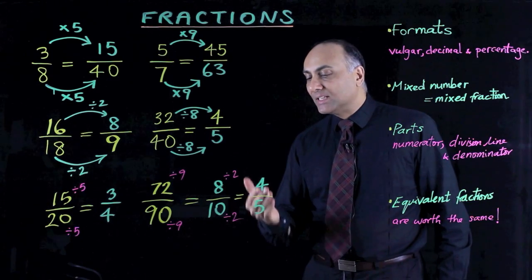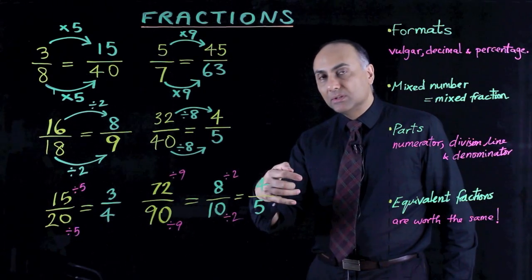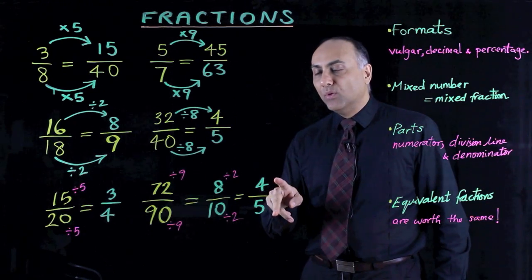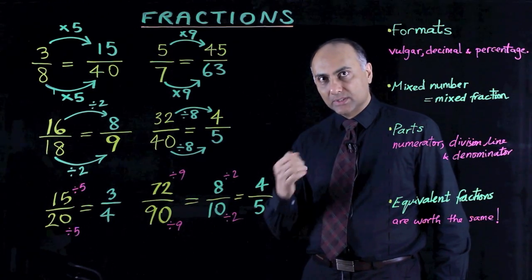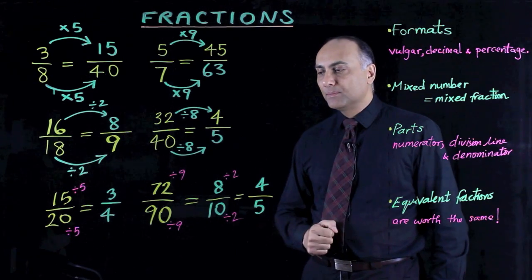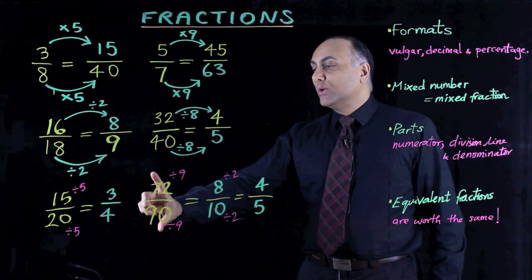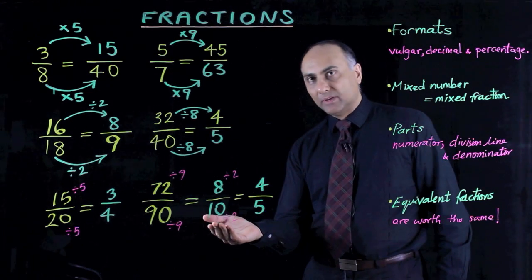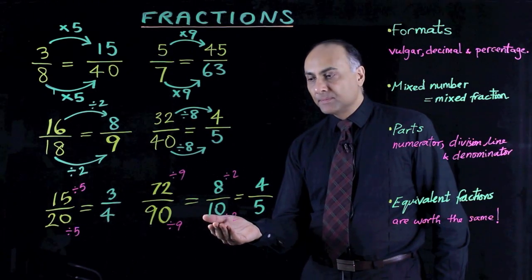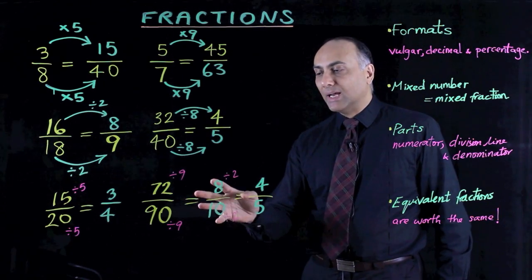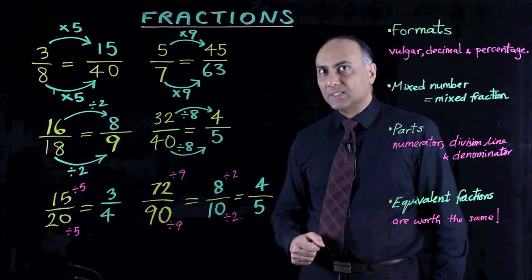Now I'm satisfied that 4/5 cannot be reduced any lower. So 72/90 is 4/5 when reduced to its lowest terms, or when reduced to the simplest form. So note that when you're reducing, you should look at the result you get to see whether it can be reduced any further. And if it can, then continue reducing. So you can do that in 2 or even in several steps if necessary.